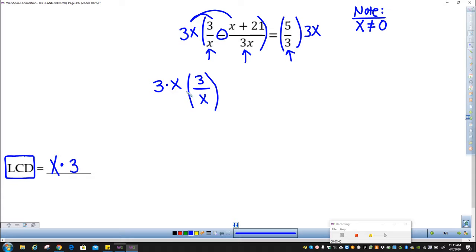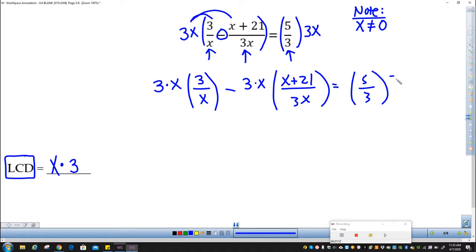Notice how I am using parentheses here to show the separation of the parts. Bring down the minus sign. That 3 times x is going to multiply by the second fraction. And then the right-hand side will stay the same. That 3 times x that we're multiplying everything by is really like 3 times x over 1.